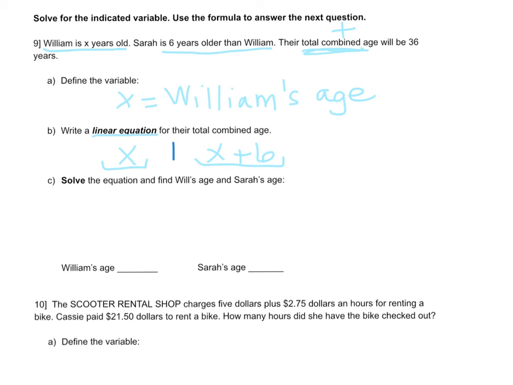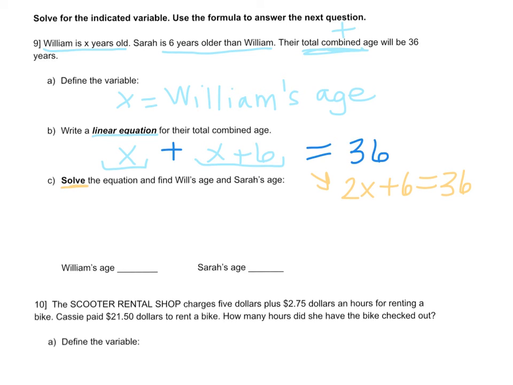So we would add these two together, will be 36. So that's going to equal 36. So our equation, I can leave it like this, or I can simplify this to 2x plus 6 equals 36.